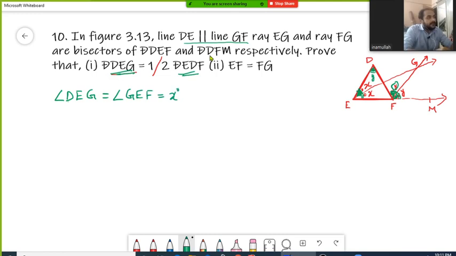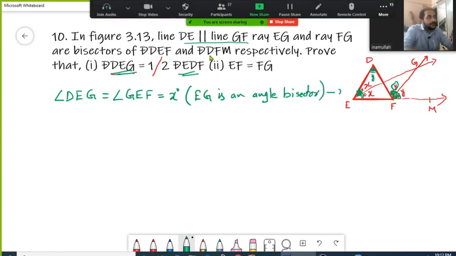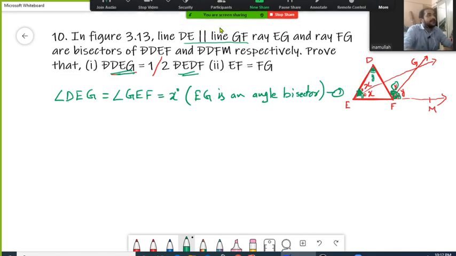This is our assumption. Reason is EG is angle bisector. So this is the first set of information. We can label this as equation number 1.